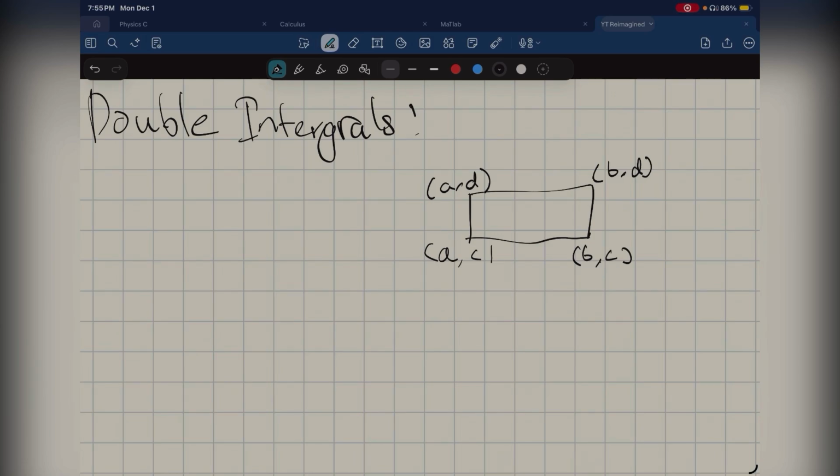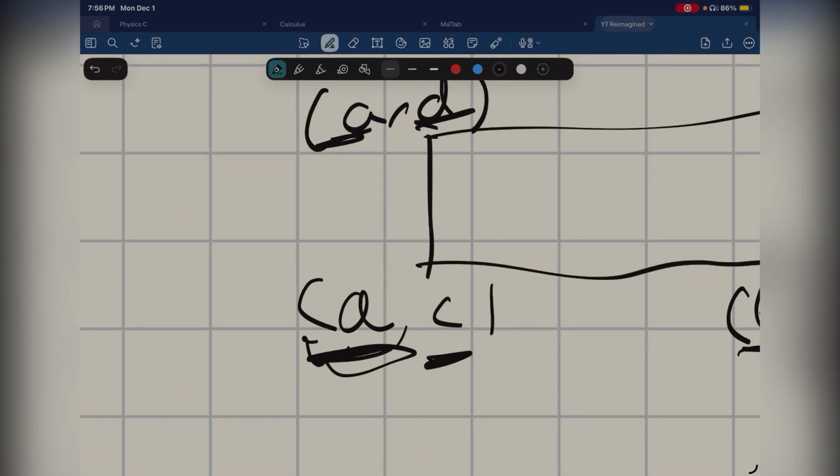Okay, so how do we do it? Well, it's kind of simple. Once we have our bounds, a to b, c to d, dx dy, because the x values are ranging from a to b and our y values are ranging from c to d, we're looking at the small area component right here, dx dy.